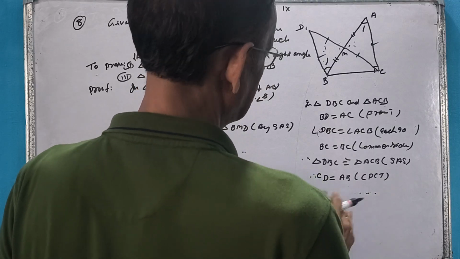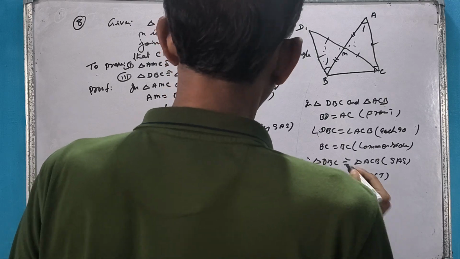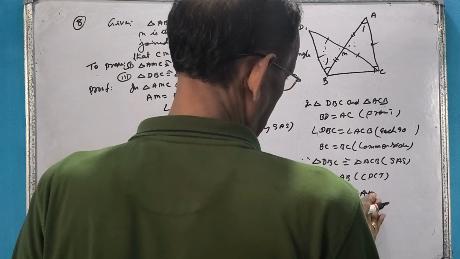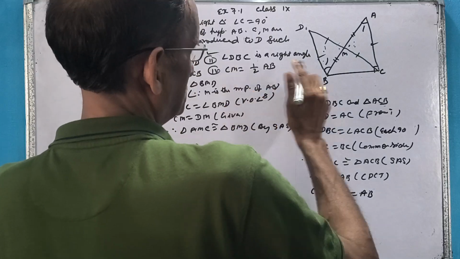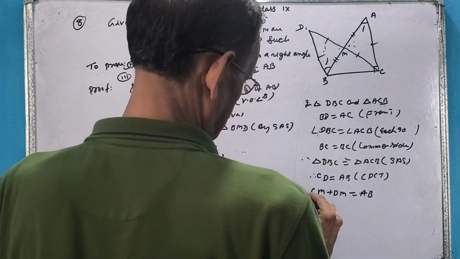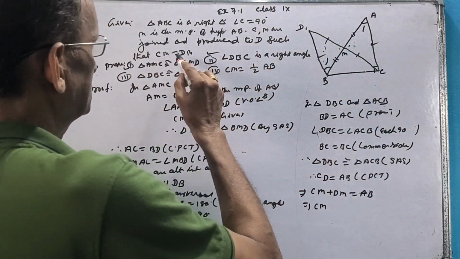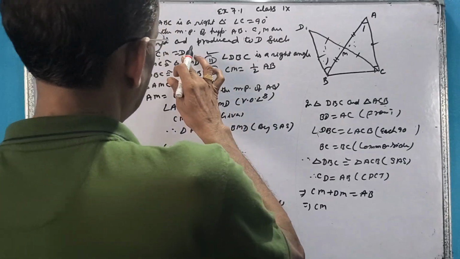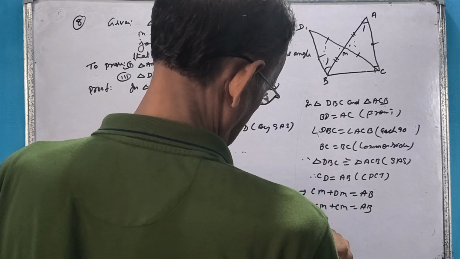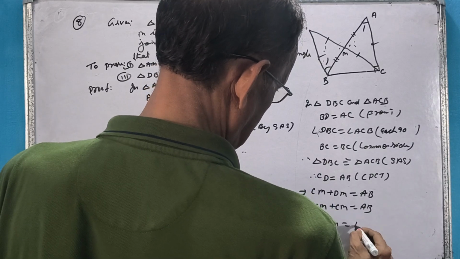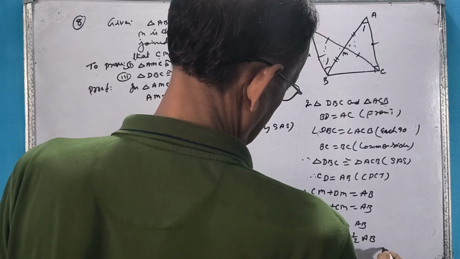We need AB, so we will keep AB. CD we can write as CM plus DM. Reason is not needed. In the given part only, it is given CM equal to DM. So for DM, we can write CM. So CM plus CM equal to AB. So twice CM equal to AB. So CM equal to half AB. So this is hence proved.